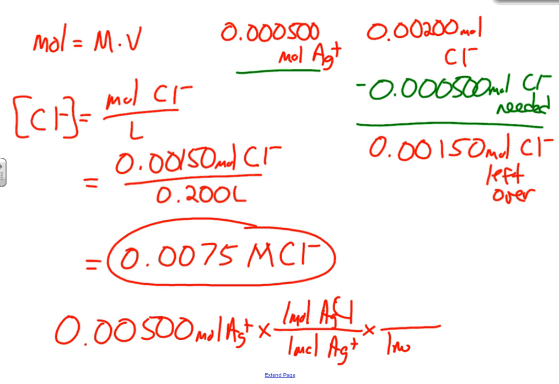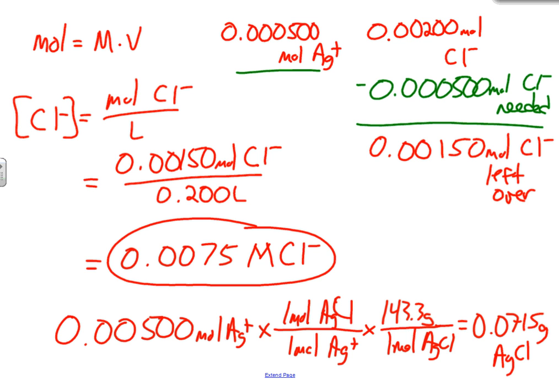And each mole of the silver chloride solid has a mass of 143.3 grams. And so that leaves me with a mass of 0.0715 grams of the silver chloride produced.